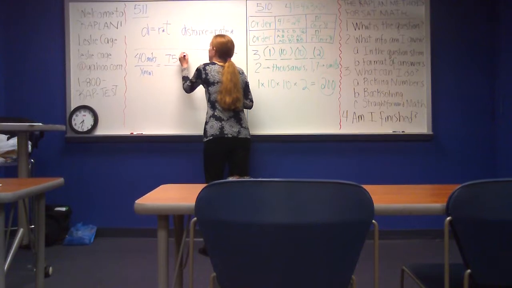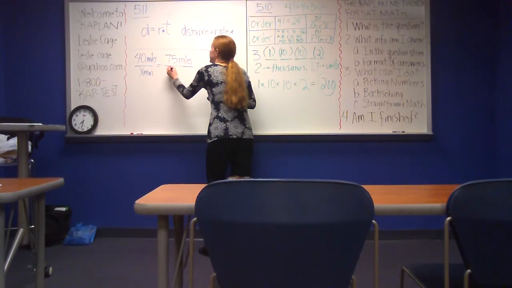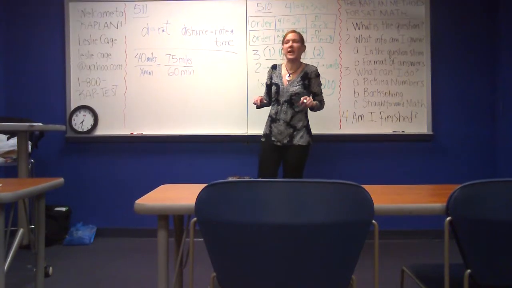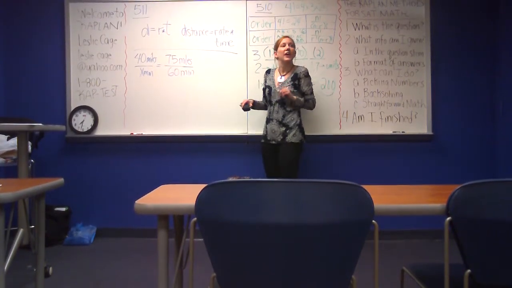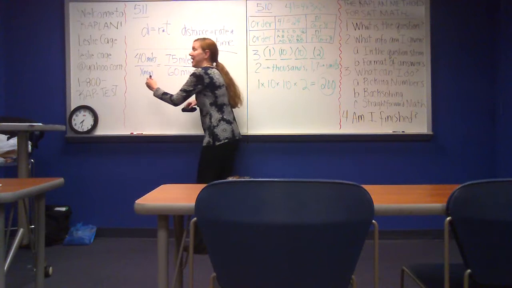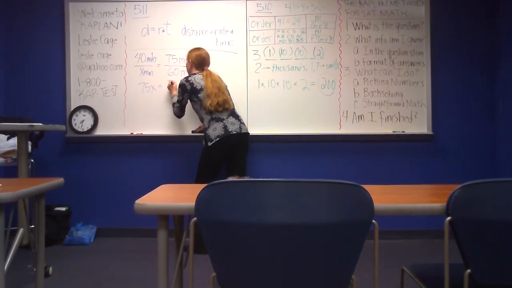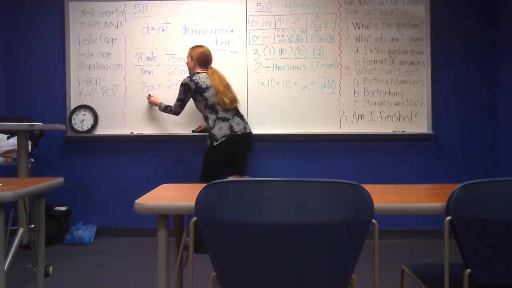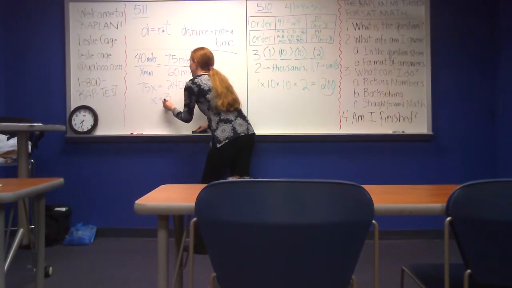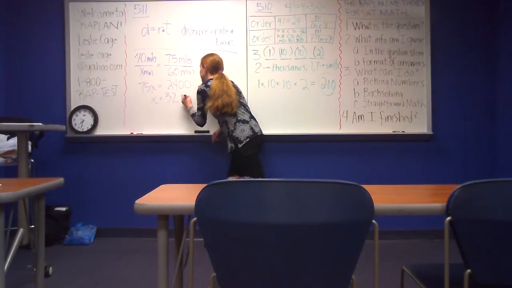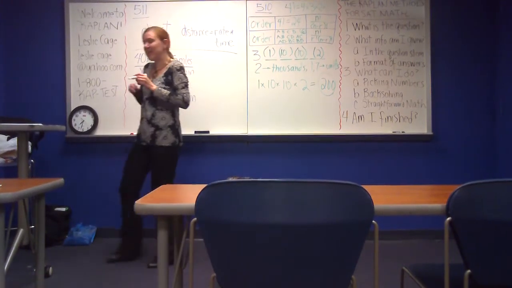And what do we put in the denominator here? 60 minutes. Good. We're converting our hour to minutes. And now what do we do? And what do we get when we do that? 75x equals 2400. X equals 32. Excellent. And our X is minutes. It's 32 minutes. Excellent.